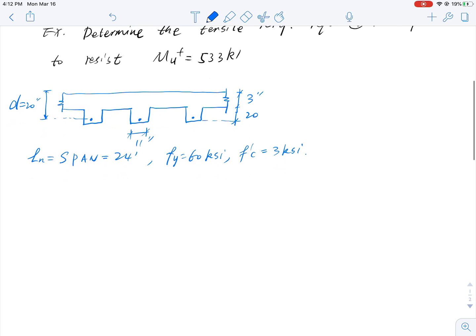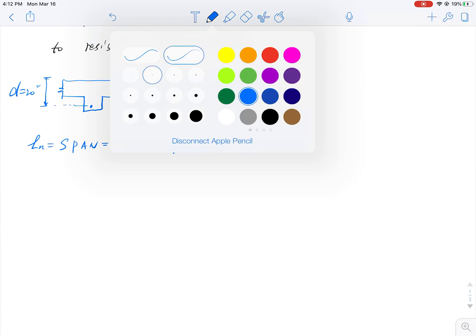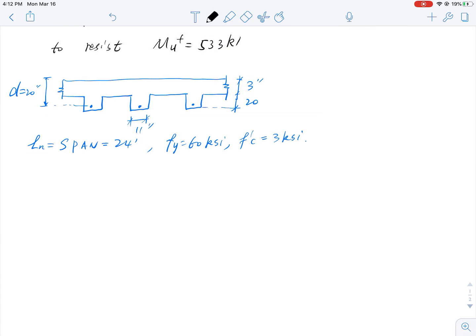First of all, let's talk about the width. To find BE, per ACI, BE is equal to the lesser of the following equations.